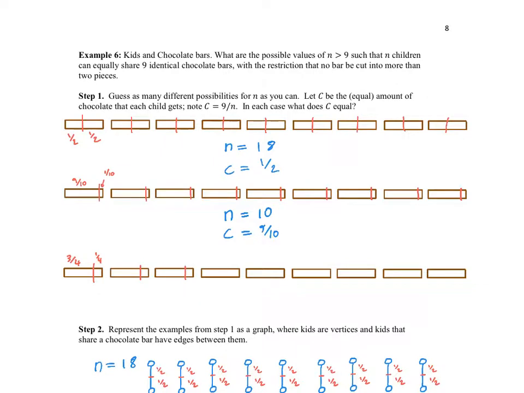So chopped it up into quarters, and then most of the kids are getting a 3/4 chunk all in one, and then 3 of the kids are getting 3 1/4 chunks. So that gave us a total of 12 kids to serve, and each of them are getting 3/4 of a chocolate bar, equally shared. And those are all the possibilities.